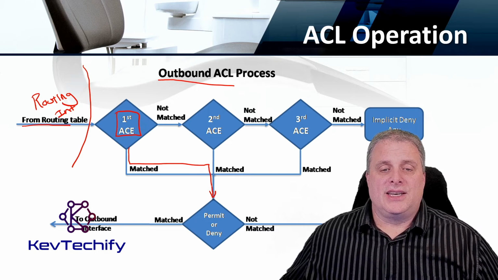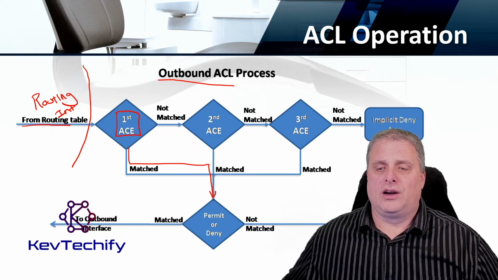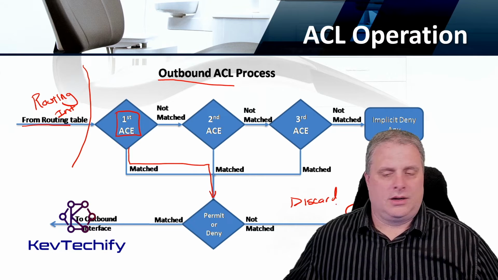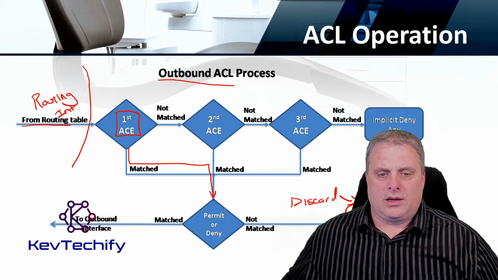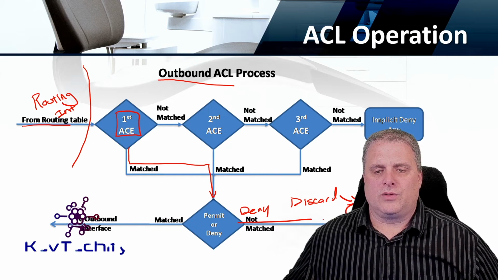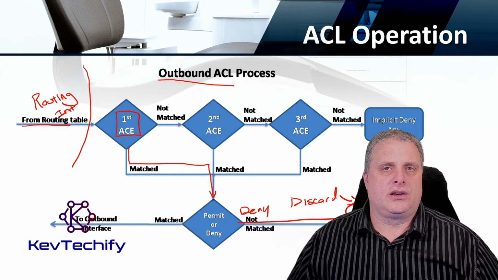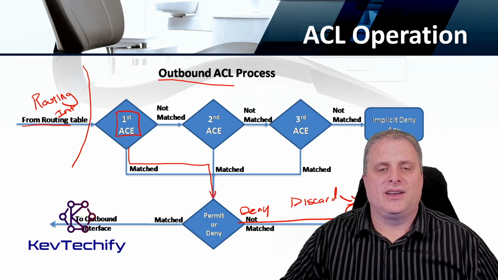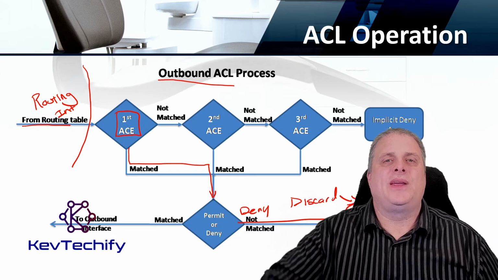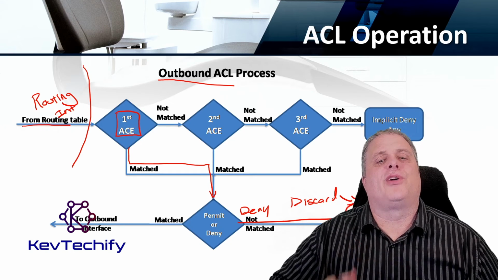If it's a deny, we can go over here to our discard. So it was denied here. It goes over and is discarded, dropped, deleted, doesn't go through there. For some reason, we stopped that traffic. That was stopping that telnet traffic from coming in from the internet.